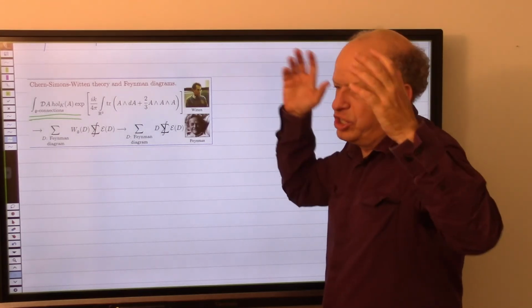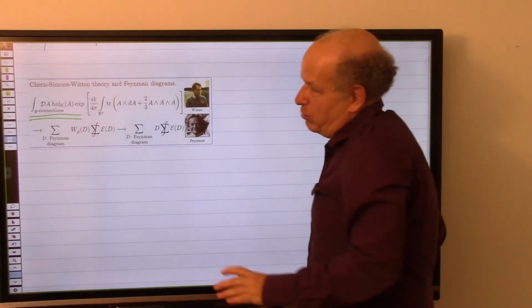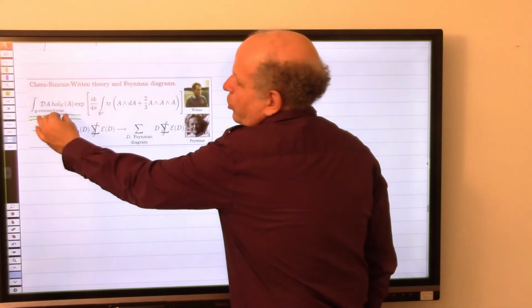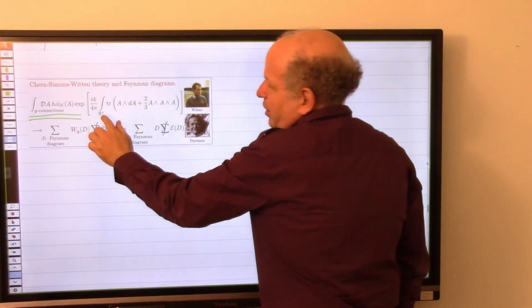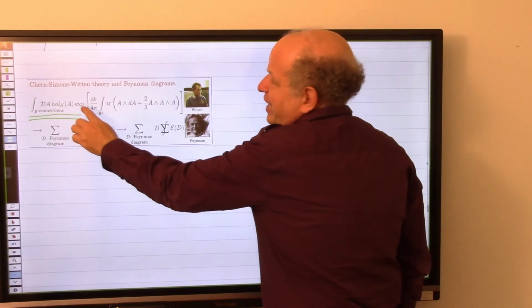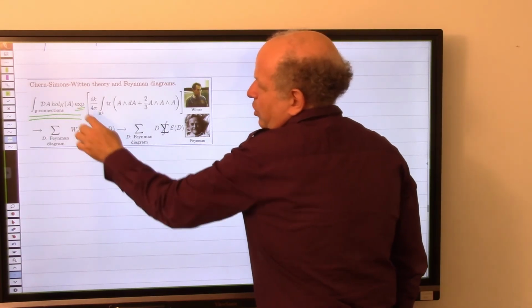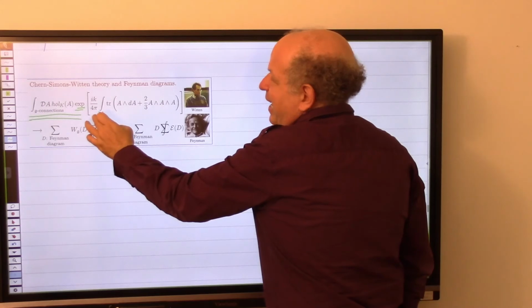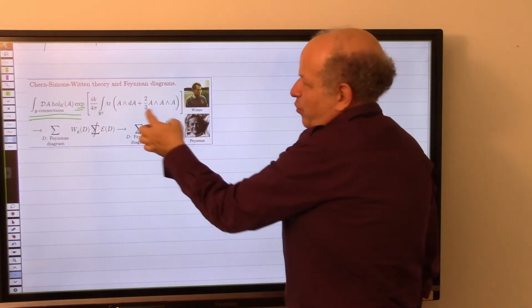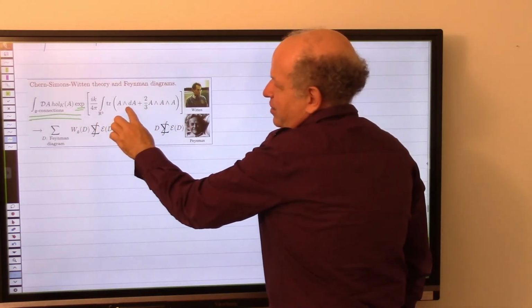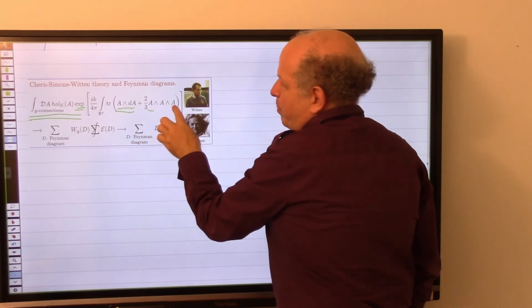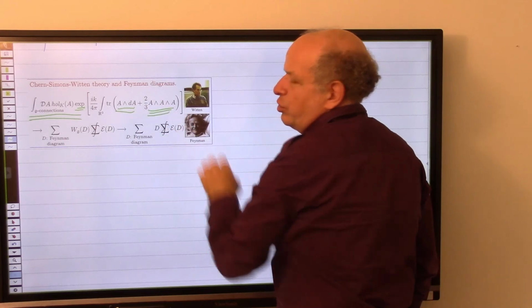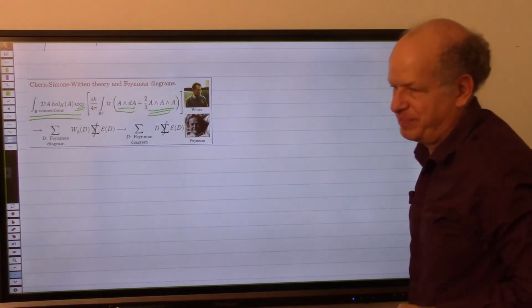So it's some huge infinite dimensional space, and one wants to compute the integral over such spaces of the exponential of a Lagrangian, where the Lagrangian is something quadratic plus a perturbation which could be higher than quadratic.